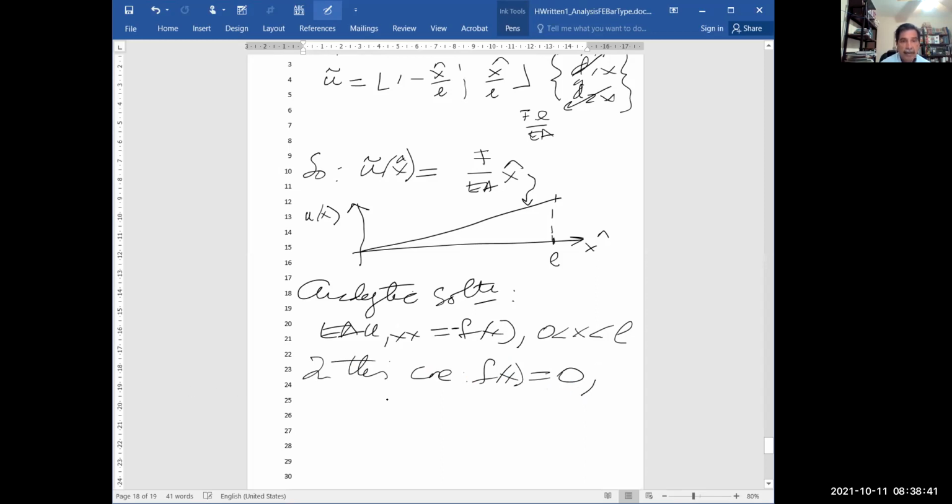And of course, the boundary conditions at left, it's hinged. So u at 0 is equal to 0.